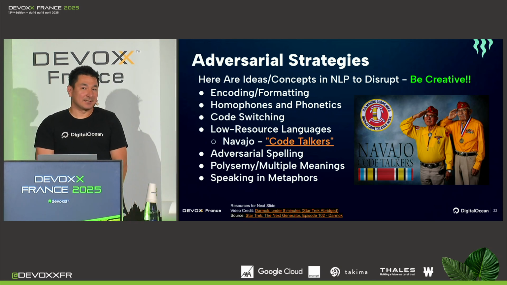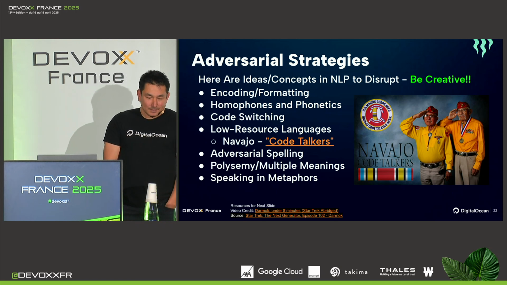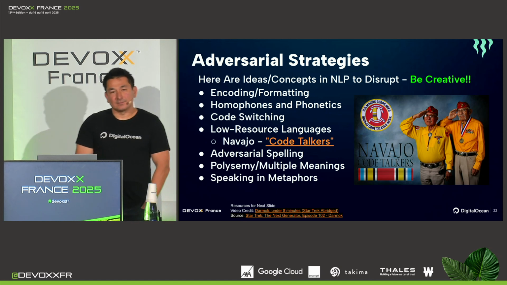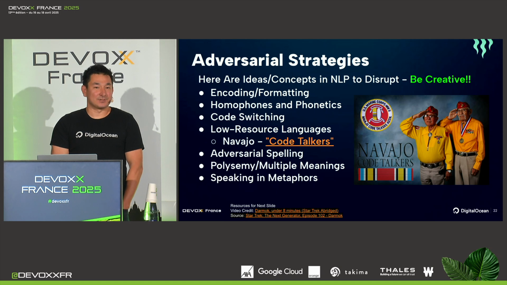And another one is code switching. Prior to DigitalOcean, I came from a speech to text company, so they do transcription. And code switching is effectively using multiple languages in your sentences and your paragraphs.